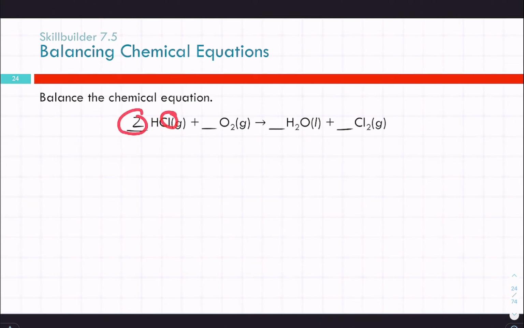Because we have 2 now, and this is 2. So yeah, we have 2 oxygens on the left, 2 oxygens on the right. So we need to balance this. But then that changes our hydrogens. So then we'll go back, and now we have 4 hydrogens.